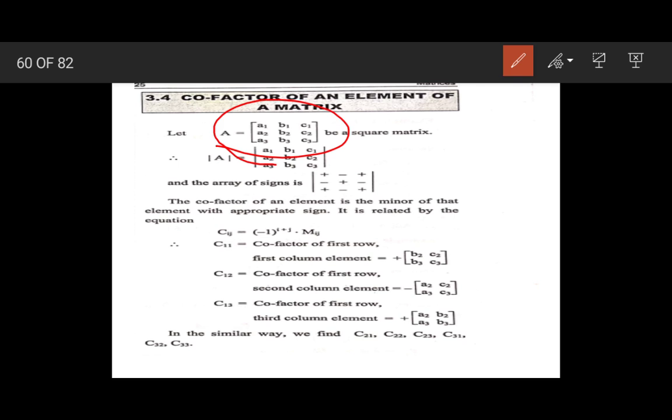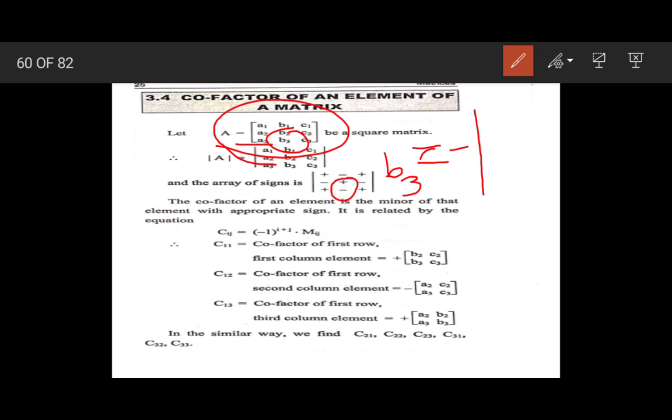One more, suppose we have to find the cofactor of B3. Now how will you find it? For B3, first we have to find the sign. For B3 the sign is minus. Then delete the position of B3. What is the position of B3?